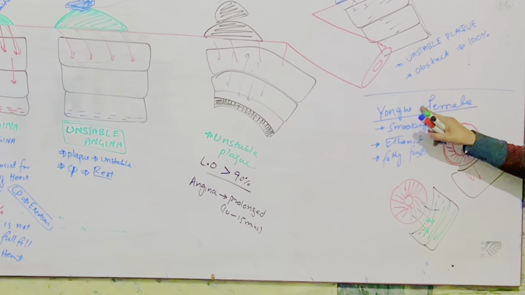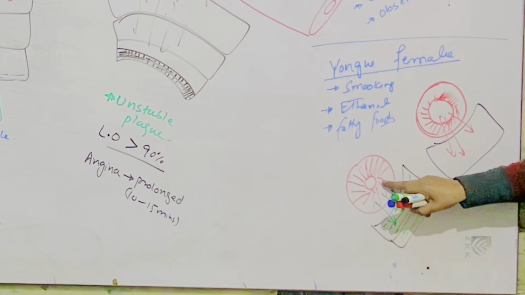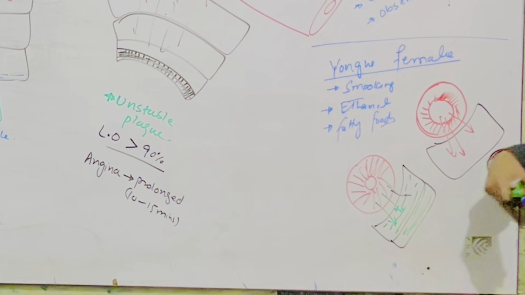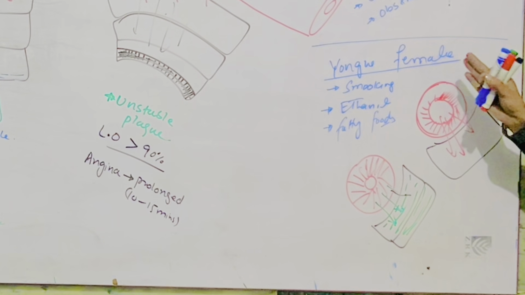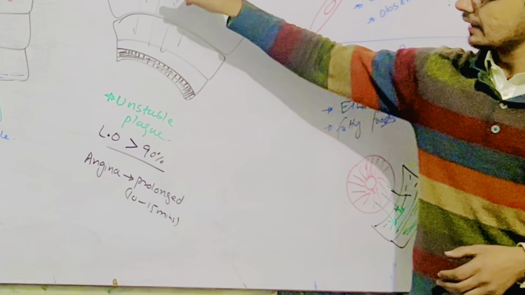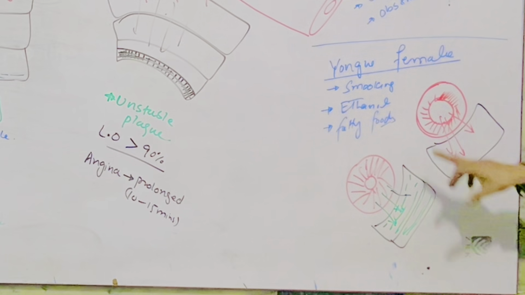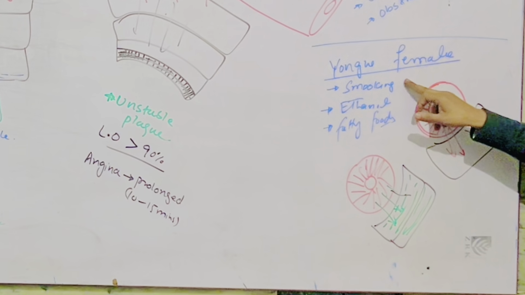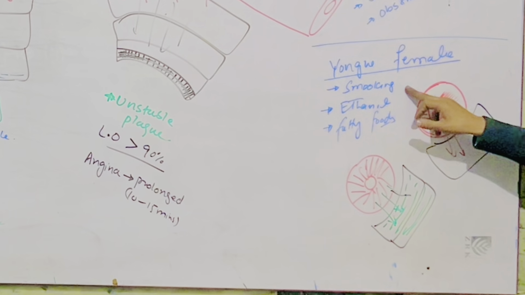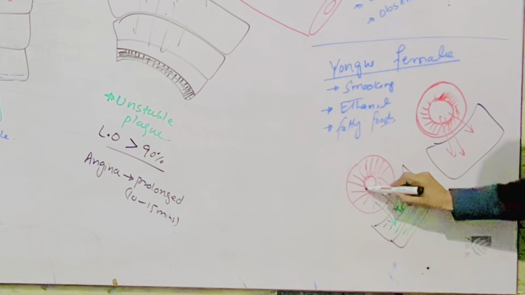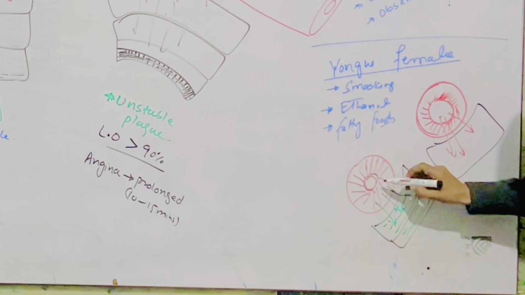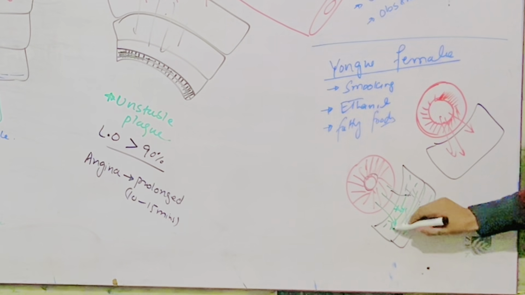In young females, this condition is common compared to young males or adults. Normally, these conditions occur after 40 years. But in young age, the main factors are smoking and ethanol intake in young females. So these coronary arteries constrict and it will affect the whole myocardium.